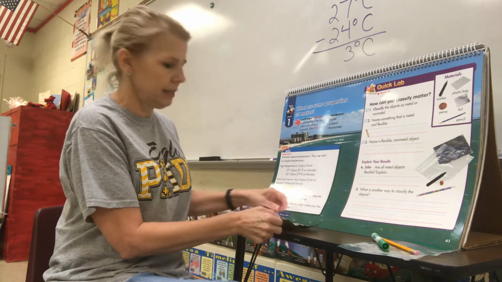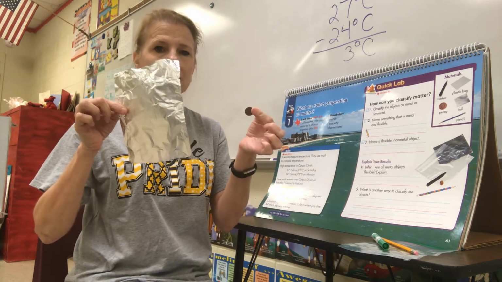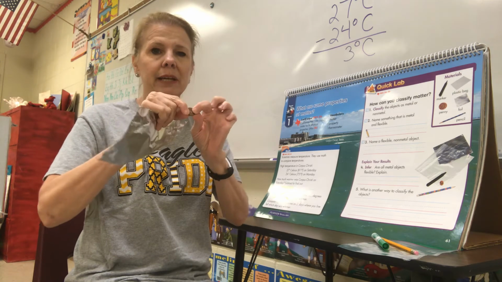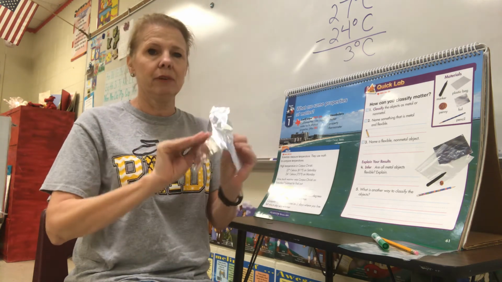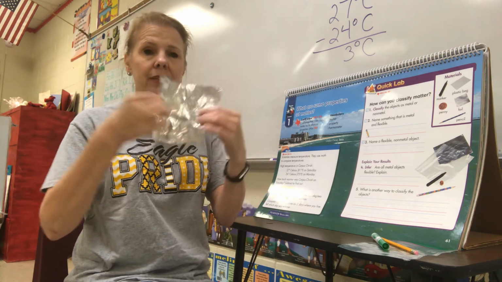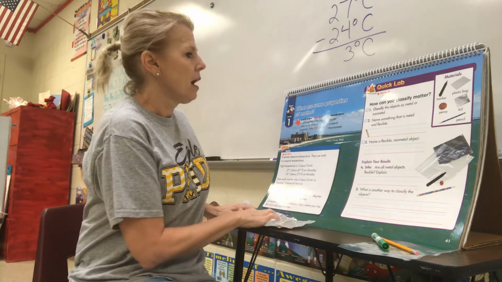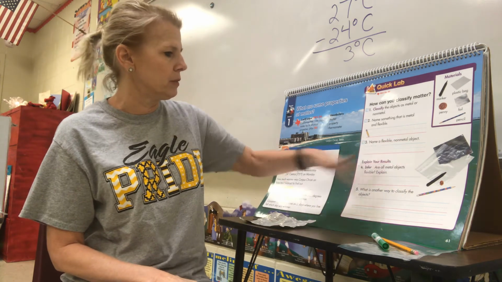So we're going to look at these 2 items. Which one is metal and flexible? So can we move the penny? No. Can we move the foil? Yes. So this is flexible because it can move. All right, so name a flexible non-metal object.